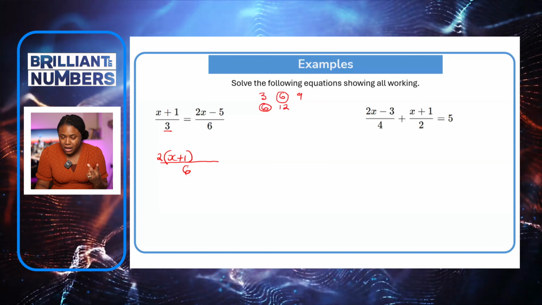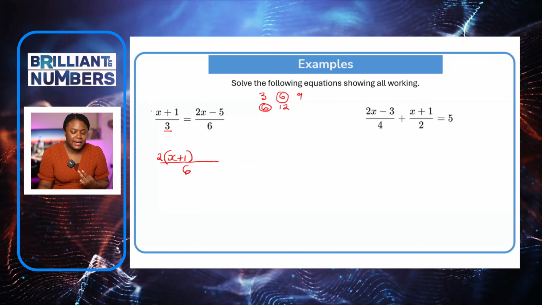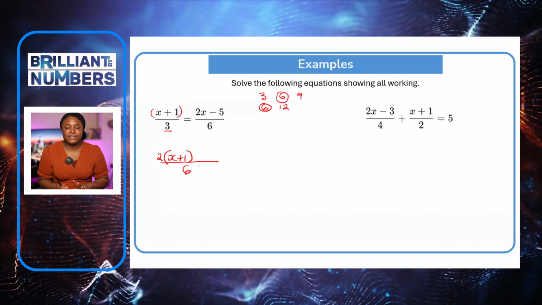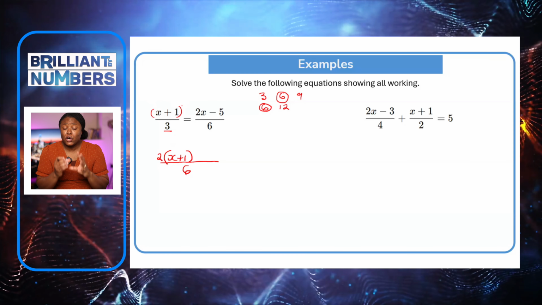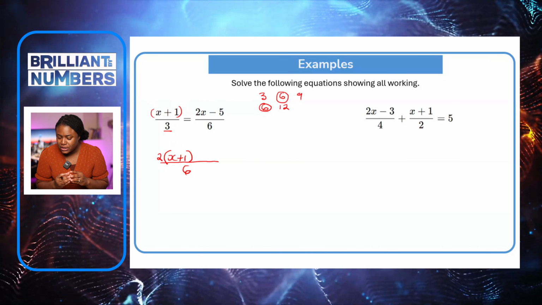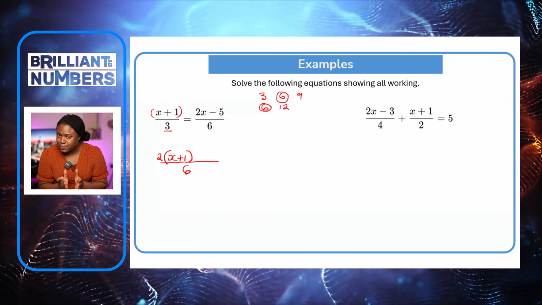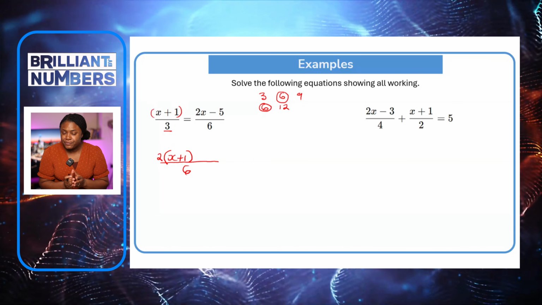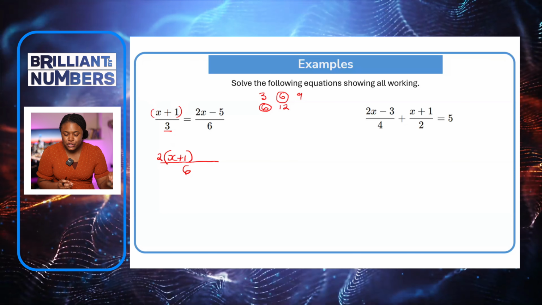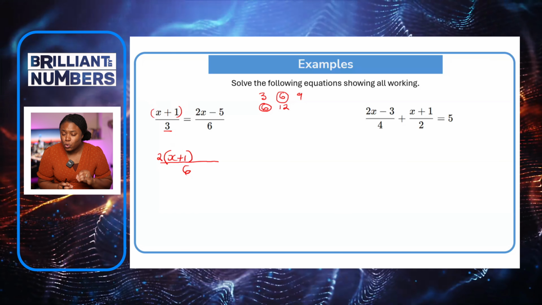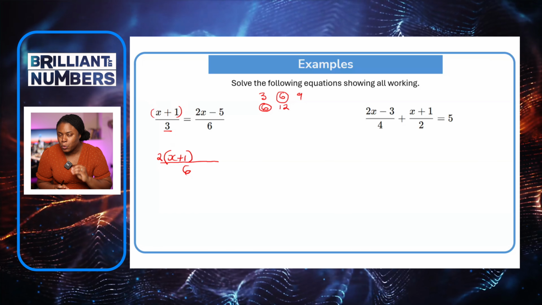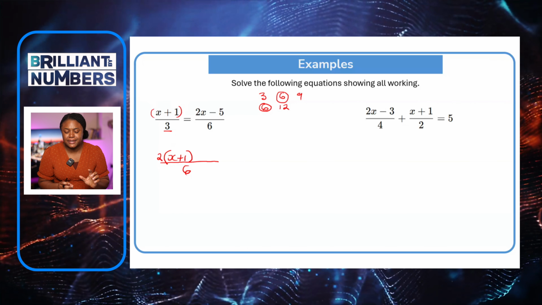When I get that answer, I need to multiply it by the numerator of the fraction. Because this is an expression, I put it in a bracket to remind myself that I must multiply 2 by x and also 2 by 1, very importantly.